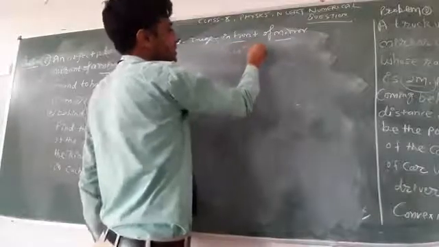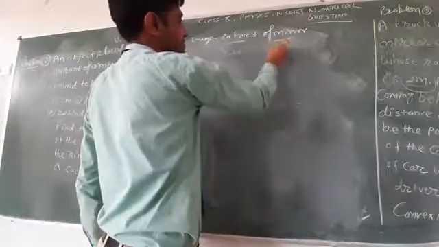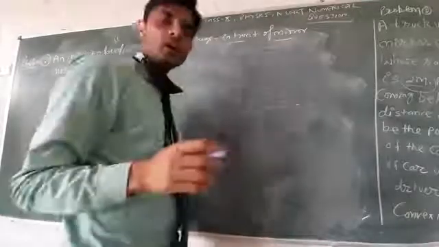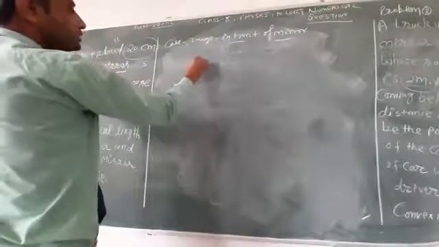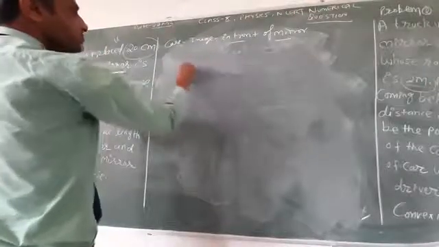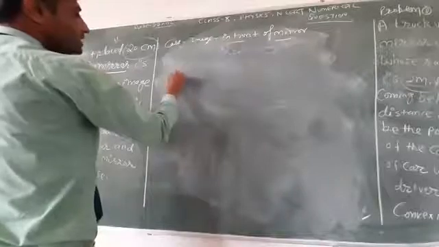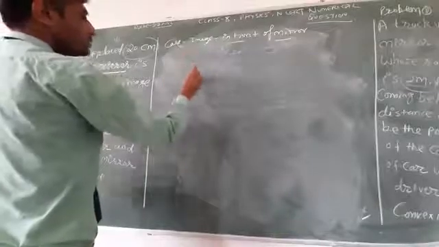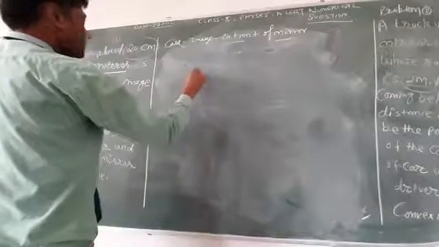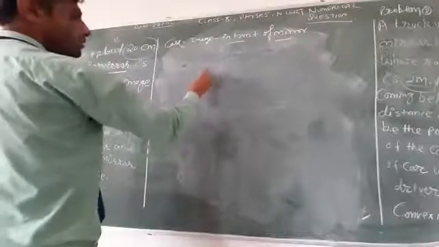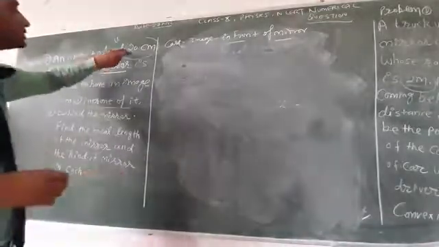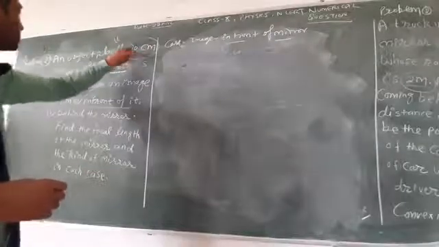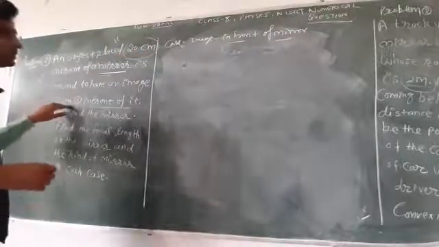It means this is a real image. And for a real image, U and V both are negative. It means U equal to -20 and V equal to -15 centimeter. This is the object distance and this is the image distance.